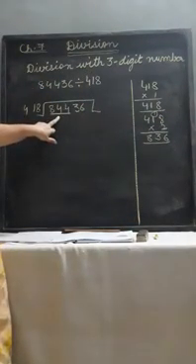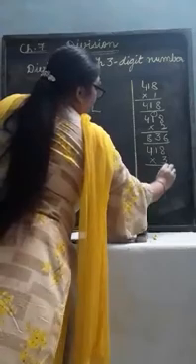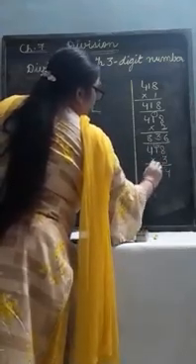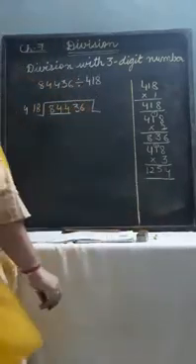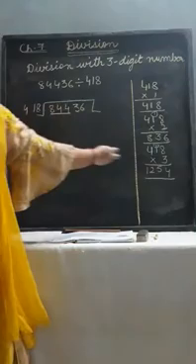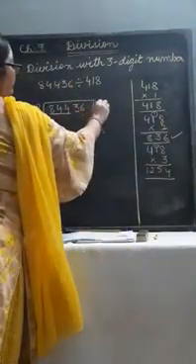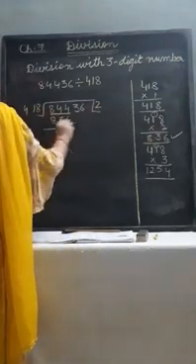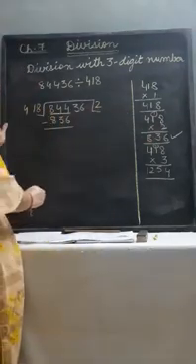Still 844 is greater. We will find out what 418 threes are, which is 1254. But this is greater than 844. We will take 836. 418 twos are 836. Now we will subtract these two.